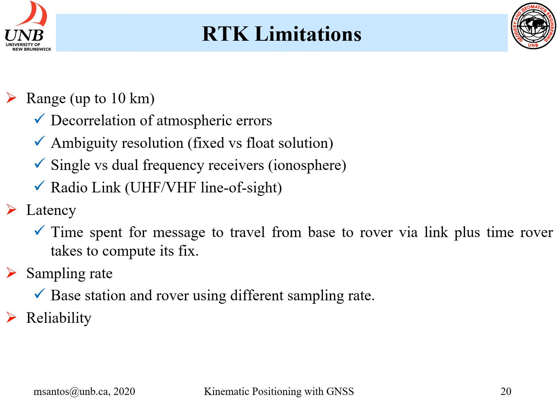Limitations of real-time kinematic. Range. If we're dealing with a radio link, the range is typically up to 10 kilometers. The errors of atmosphere grow with distance between the base station and the rover. Because we are dealing with carrier phase, we will be dealing with ambiguity.